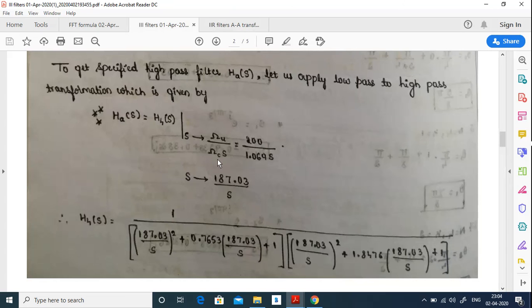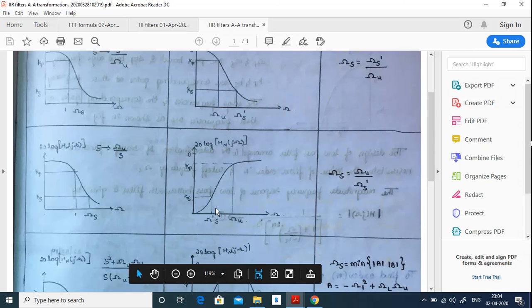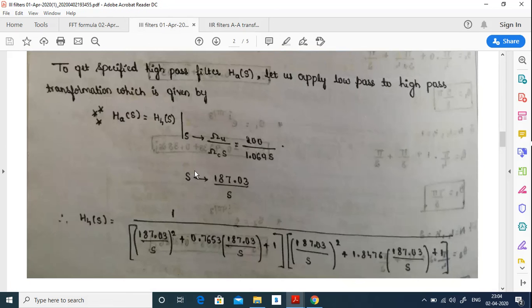Why? What is the reason? The one which you were observing earlier is the analog to analog transformation, but it is not the same for Butterworth. For Butterworth, that is, if you want to convert a normalized low pass into the desired high pass using the Butterworth technique, there is a slight change in the formula. That is, you need to include omega c.